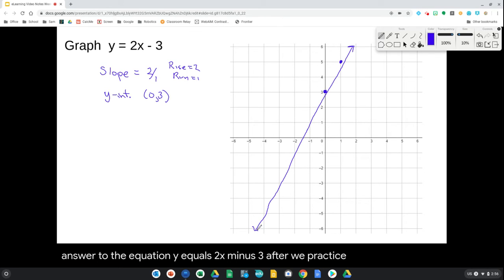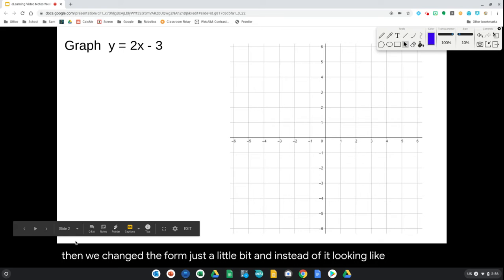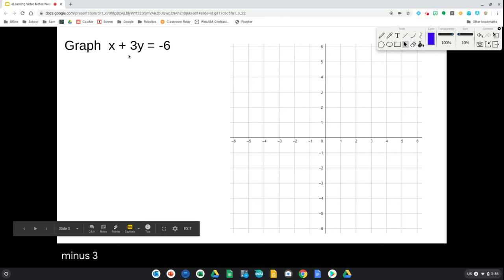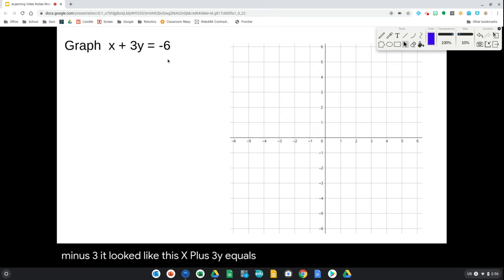After we practiced that for a while, then we changed the form just a little bit. Instead of it looking like y equals 2x minus 3, it looked like this: x plus 3y equals -6. But our idea was that we wanted to make it look like the problems that we just did, so we tried to rearrange this equation so it would do that.